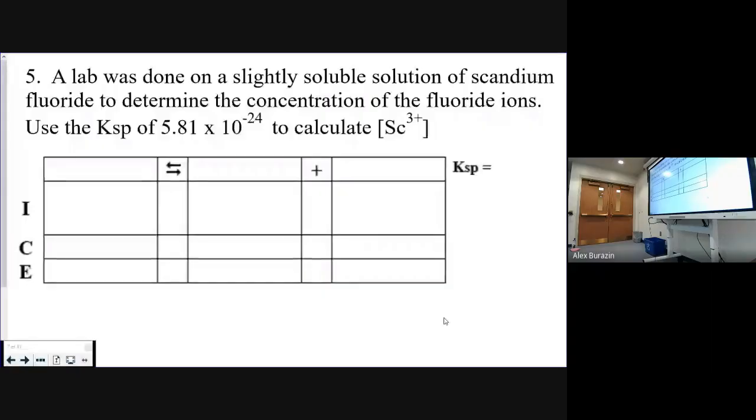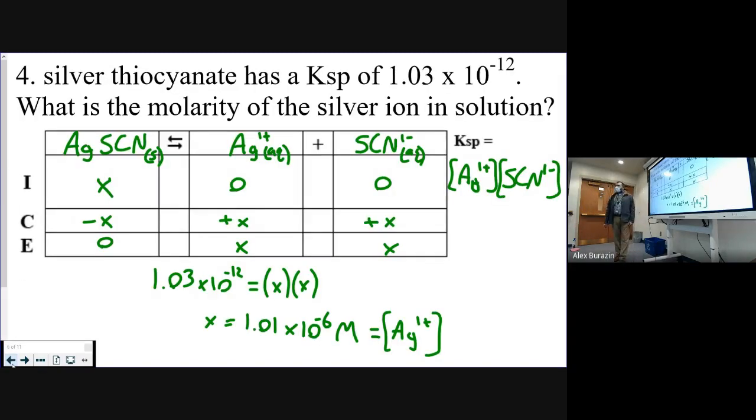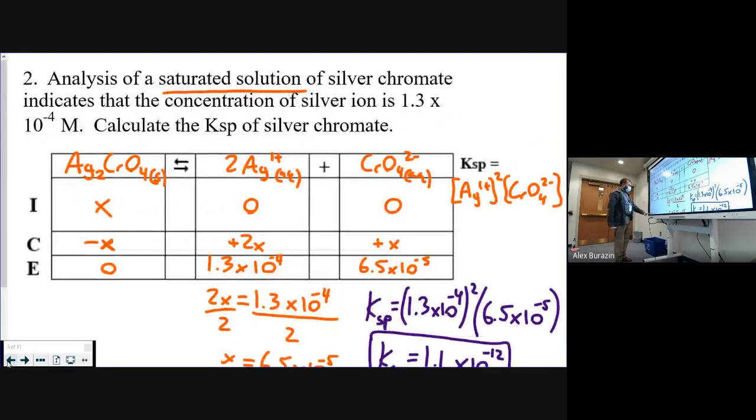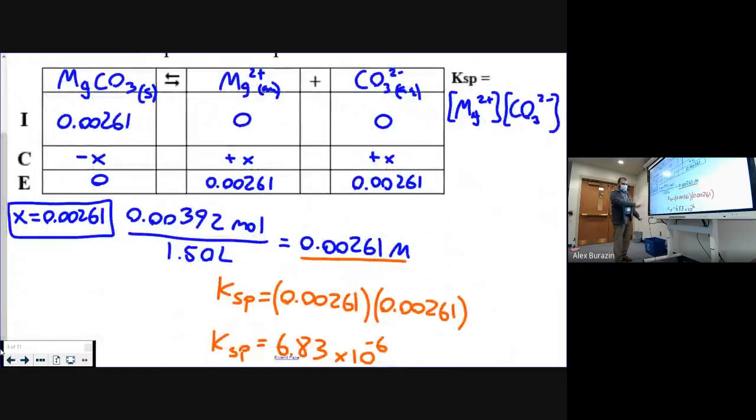All right. So yesterday we were talking about KSP. KSP is another equilibrium constant. It's an equilibrium constant for the solubility of ionic compounds or salts. In other words, how well does an ionic compound or salt dissolve in water? What you probably noticed from yesterday is all of these values of KSP are crazy tiny. 10 to the negative 12, 10 to the negative 33rd, 10 to the negative 12, 10 to the negative 6th.